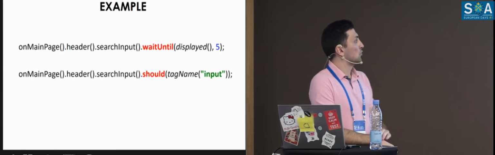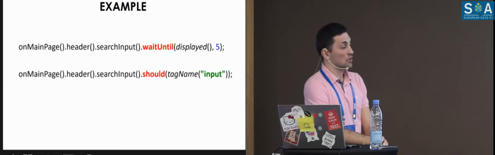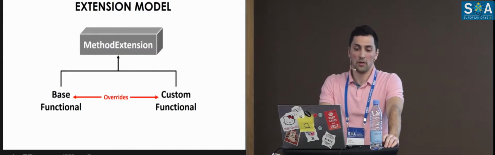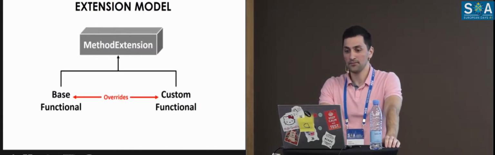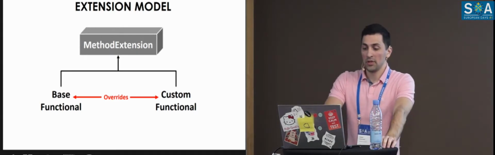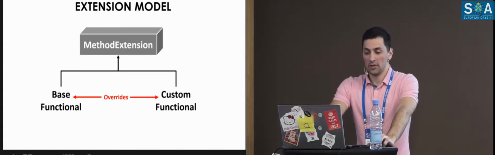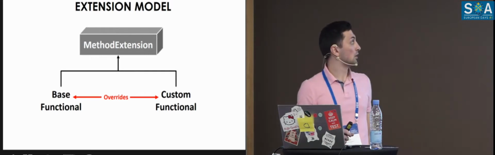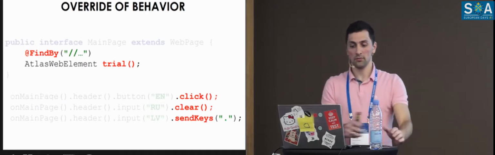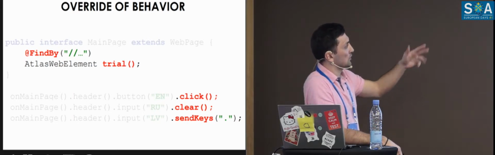Also, this open source framework has an extension model, as JUnit 5 has. We can override base functionality or custom functionality and inject our own behavior. What can we override? We can override click, clear, and so on, or we can override how we find our web element. The first thing we need to do is create our extension class, which implements the interface method extension.